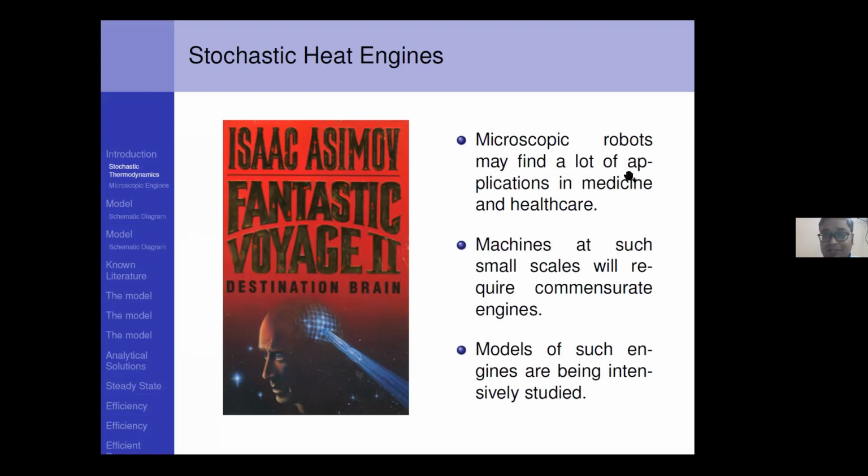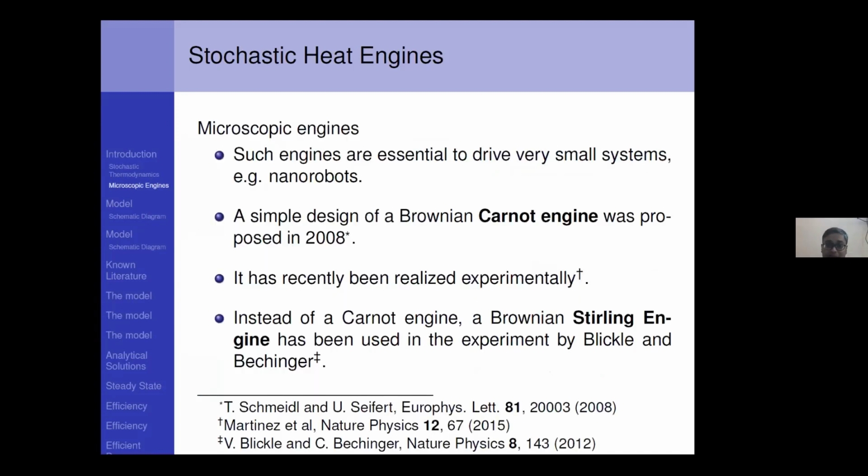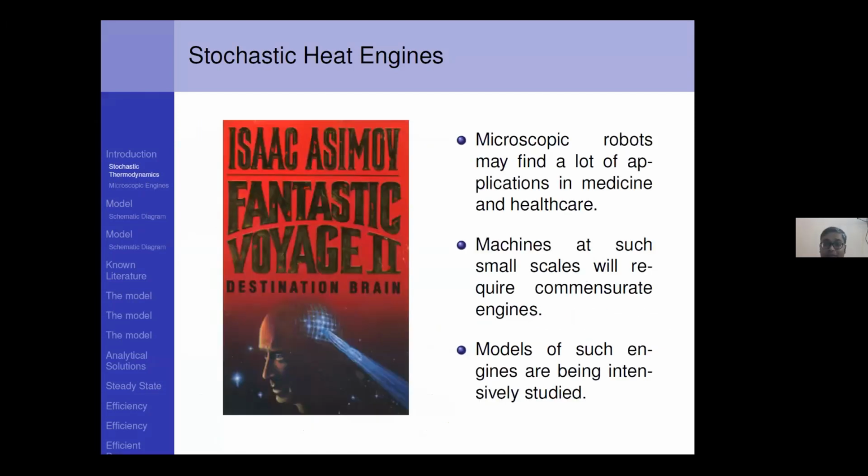So these kinds of robots can find a lot of applications in medicine and healthcare. Like they can go through the bloodstream and repair some damaged tissue somewhere, or they can remove a clot somewhere. They might even be employed to fight against cancer cells.